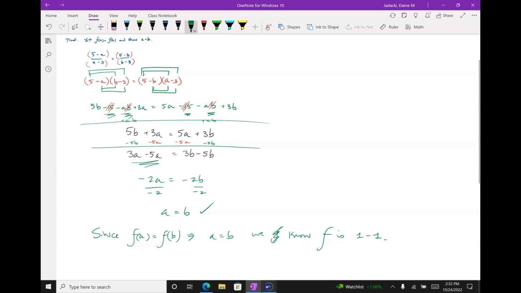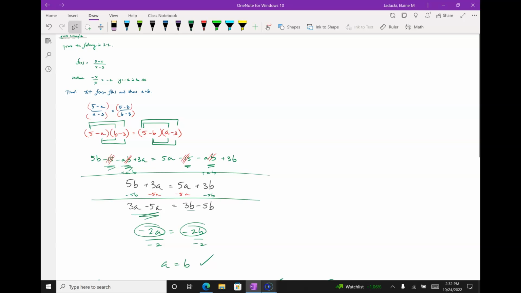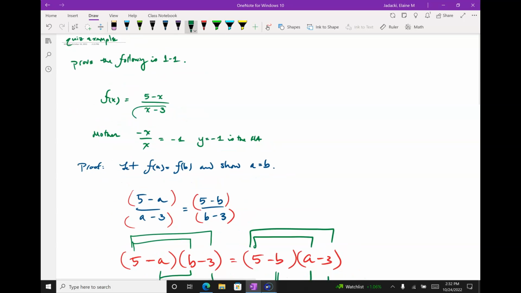Yeah, so 3a minus 5a is minus 2a, right? 3b minus 5b is minus 2b, then I divided by negative 2 on both sides. Ben, question? Because I need the denominator to be 0 and the numerator not to be 0.